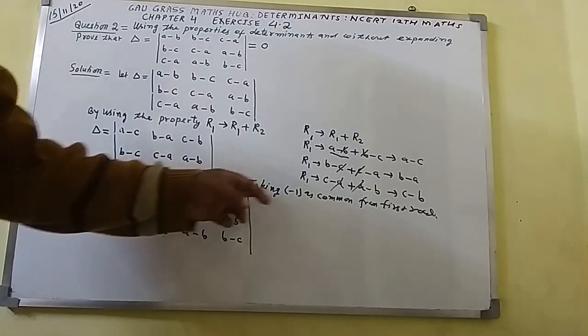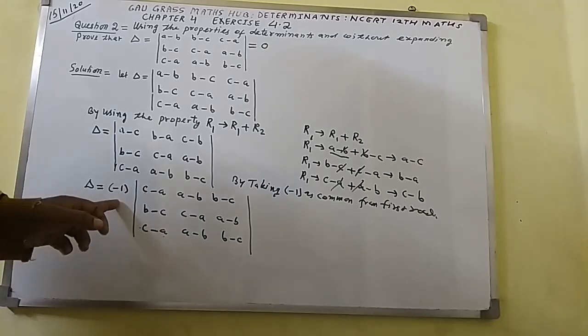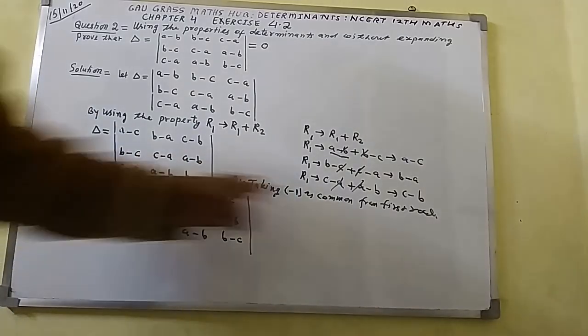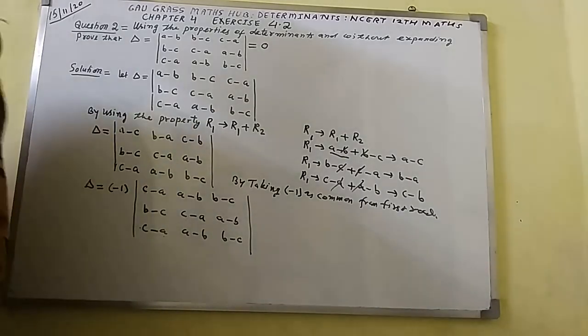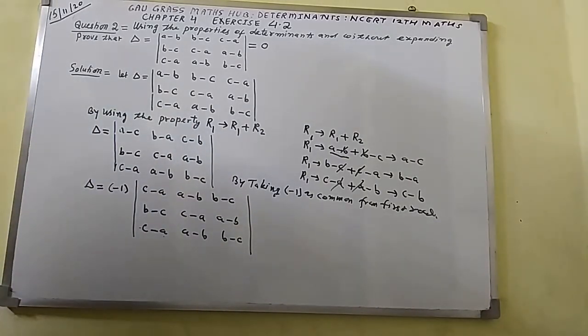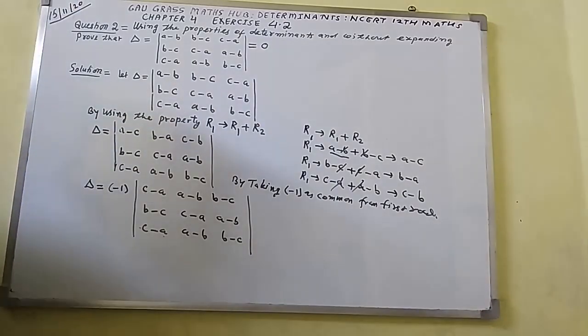By taking minus 1 as common from first row, from here, you will get this one. Now let us go next. Here you can see.